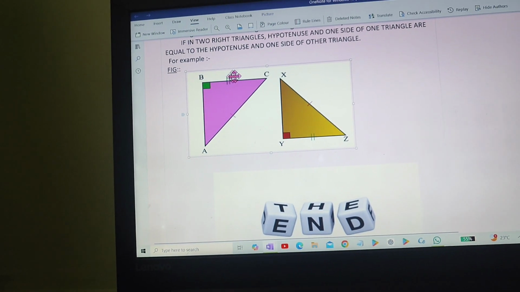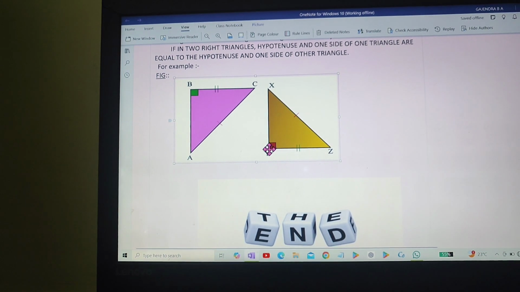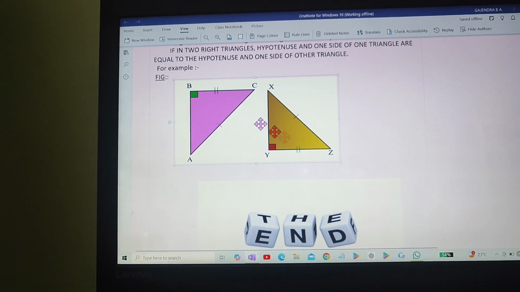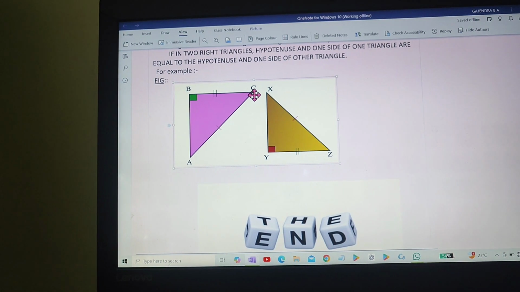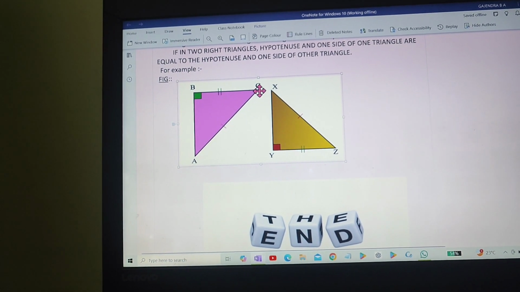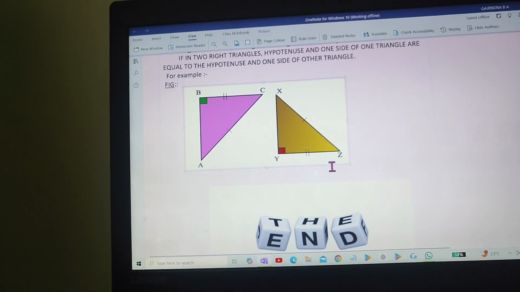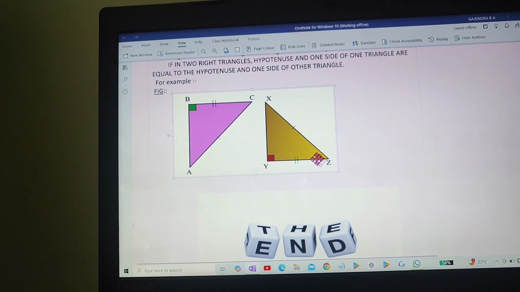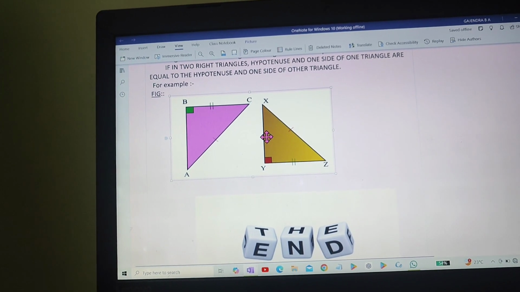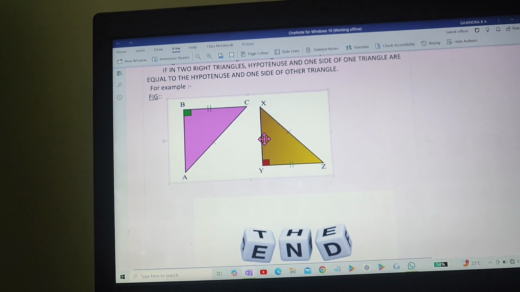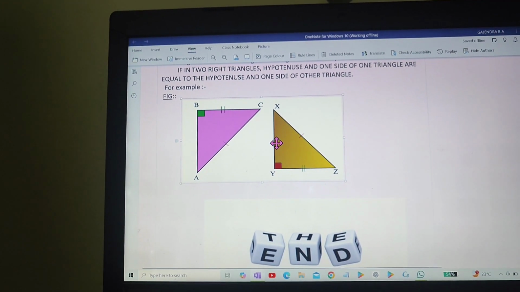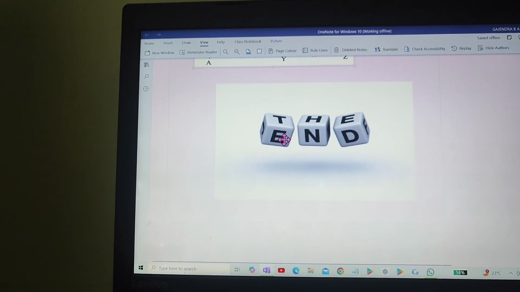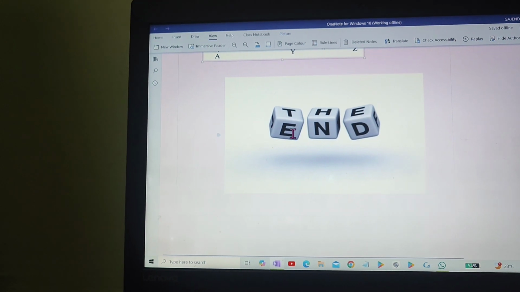As per that, side BC is equal to XY, and side CA, the hypotenuse, is equal to side XZ, which is also the hypotenuse. And now it is said that triangle ABC is congruent to triangle XYZ. Thank you.